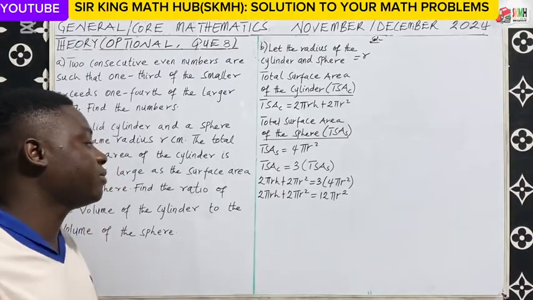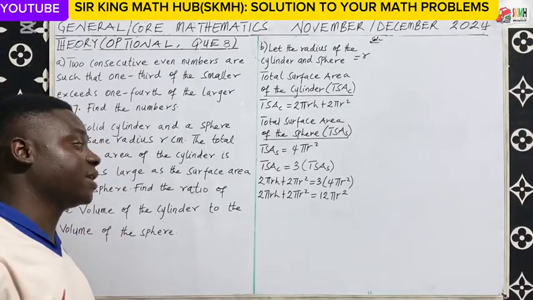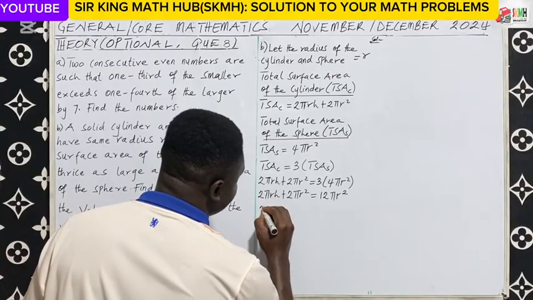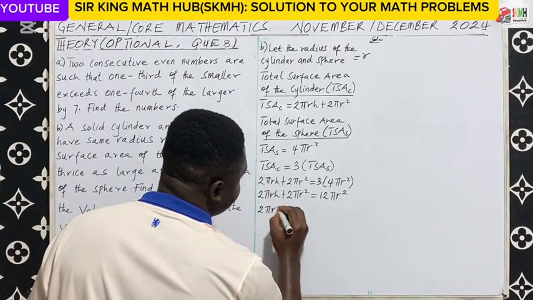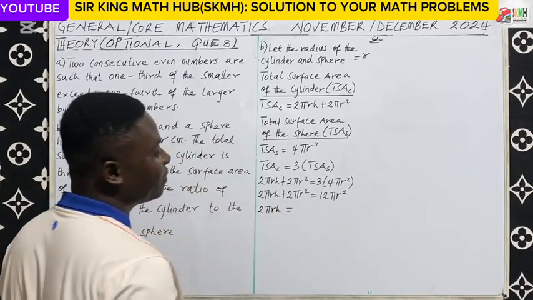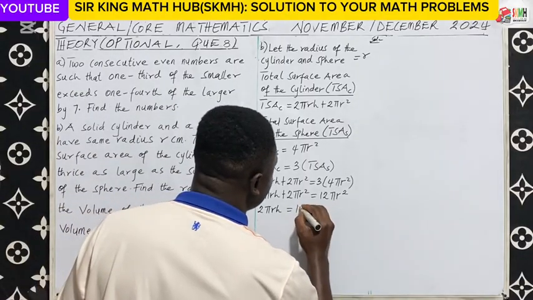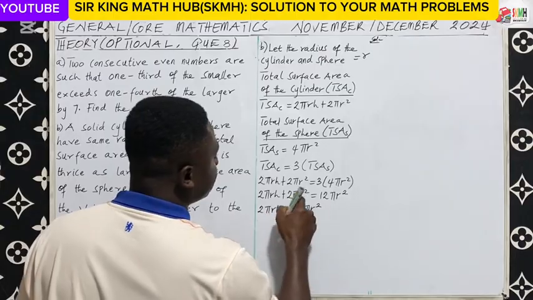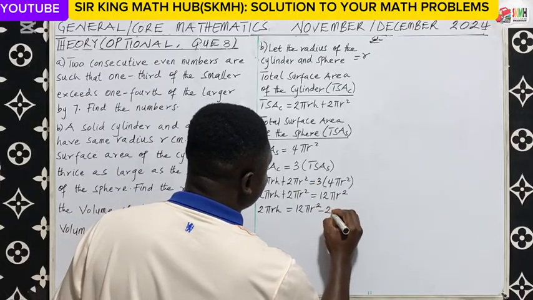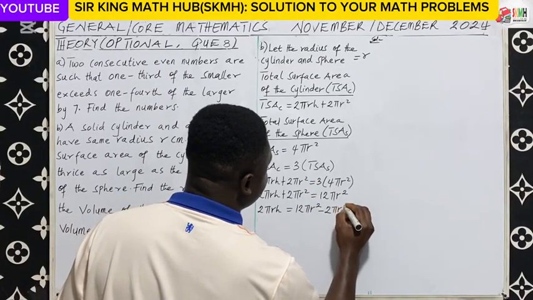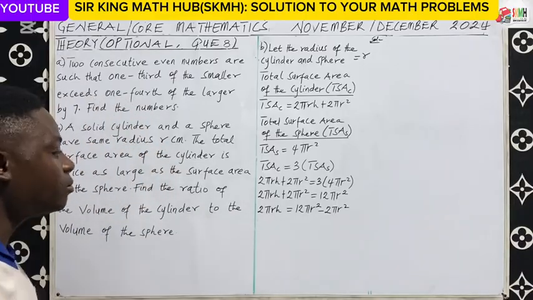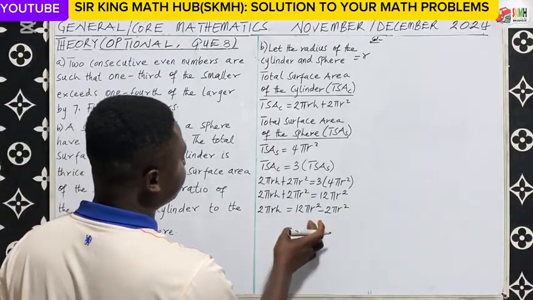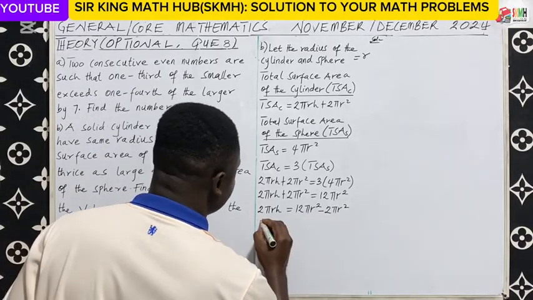Now we want to find the height of the cylinder. So for now, let's maintain 2 pi rh on the left, and this must be equal to 12 pi r squared, so minus 2 pi r squared. We have some like terms here, so we can still simplify.